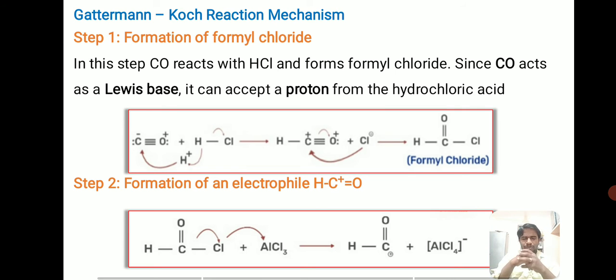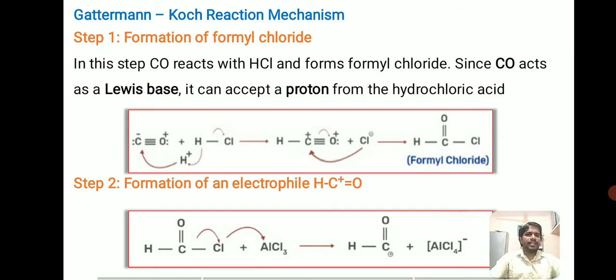Since CO, that is carbon monoxide, acts as a Lewis base here, it can accept a proton from the hydrochloric acid, so that the formation of formyl chloride takes place.